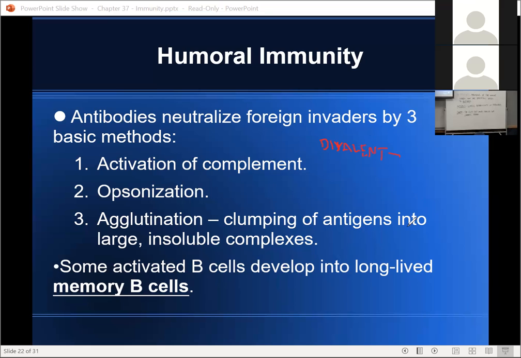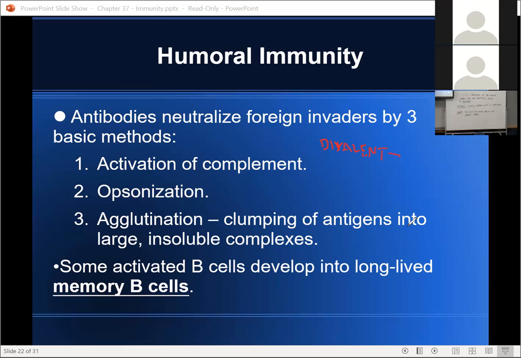When you have a lot of antibodies binding to two different things, it's going to cross-link them into a big complex. That's what's called agglutination, when these divalent antibodies cross-link these bacteria or viruses or whatever pathogen you have into this large insoluble complex.